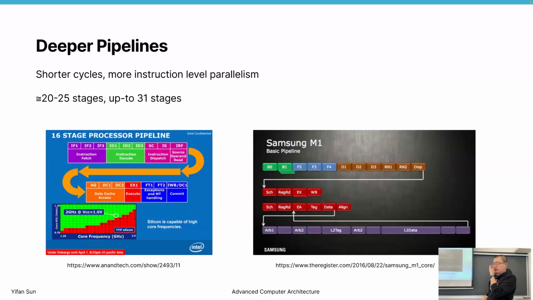But this high number only existed in that era, very likely around 2005 or so. After that, they realized it's impossible to keep going towards higher and higher frequency, and they started to go with multi-core design. So today, a typical high-performance core is 20 to 25 stages.